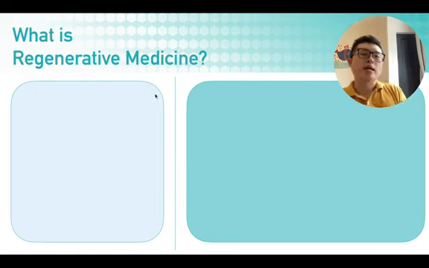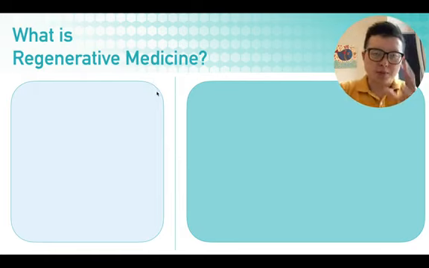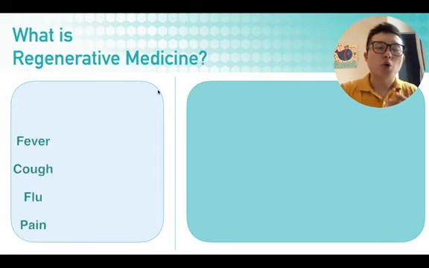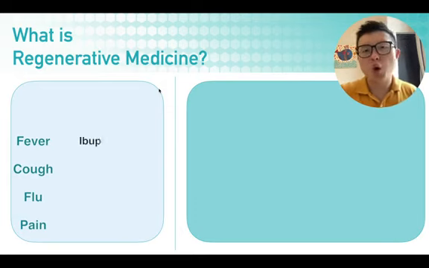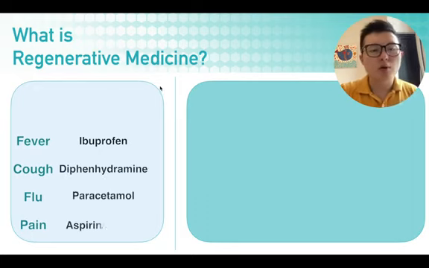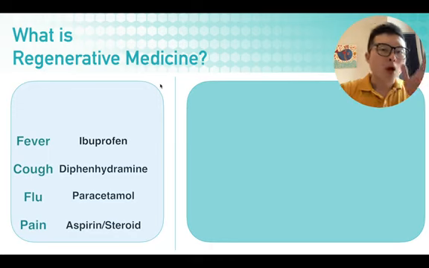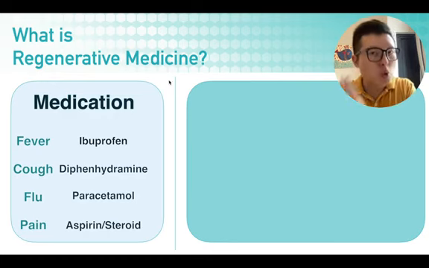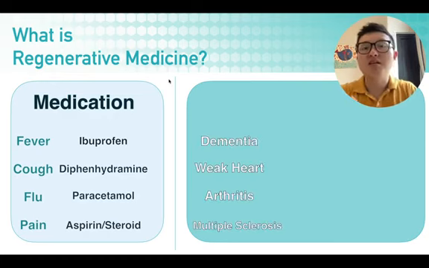Okay, so I just want to give you a perspective. Maybe 40 years ago, you always heard about someone got a fever, a cough, or flu, or pain, and then you go to a drugstore, you get ibuprofen, diphenhydramine, paracetamol, aspirin, steroid. All these are medication based, drug based. But the common problem we are looking at today is a lot more different.